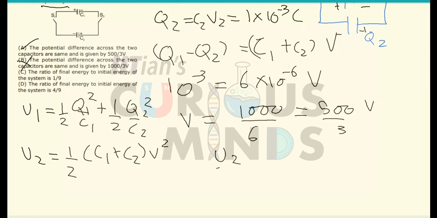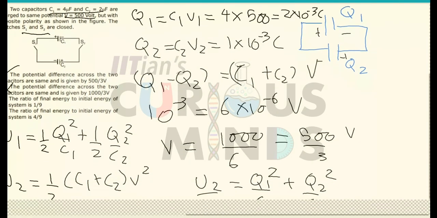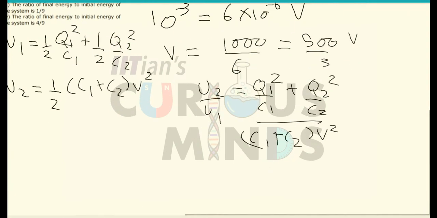So U2 by U1 will be equal to, half will be cancelled out, Q1 square divided by C1 plus Q2 square divided by C2, divided by C1 plus C2 into V square. Now Q1 is given as 2 into 10 raised to minus 3 and Q2 is given as 1 into 10 raised to minus 3.